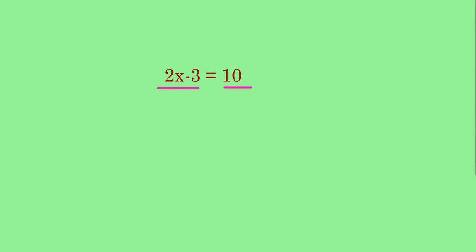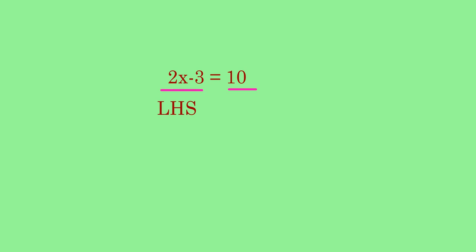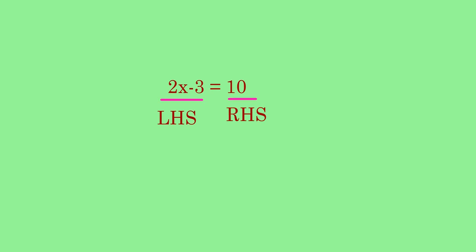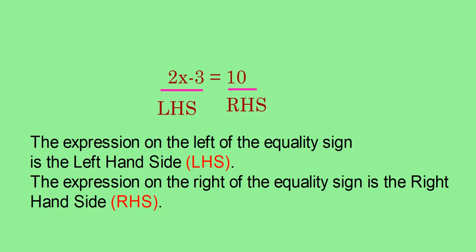The left side we call LHS and the right side we call RHS. So the expression on the left side of the equality sign is the left hand side or LHS. The expression on the right of the equality sign is the right hand side or RHS.